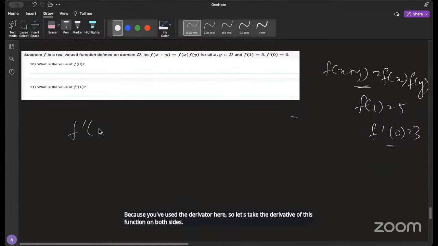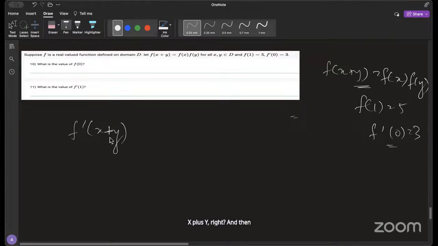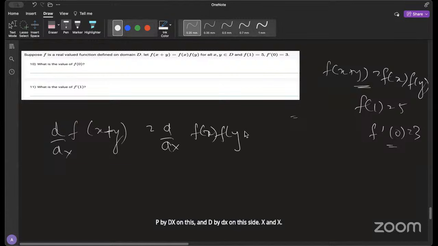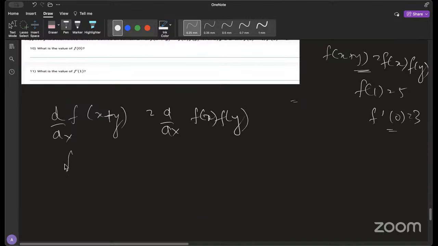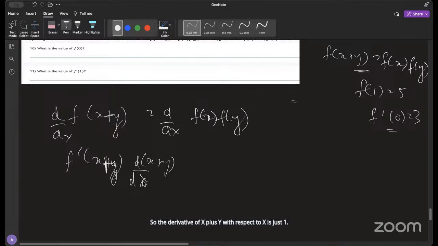You'll have f dash of x plus y, using the composition rule. And then you take the derivative of x plus y with respect to x, which is just 1, right?